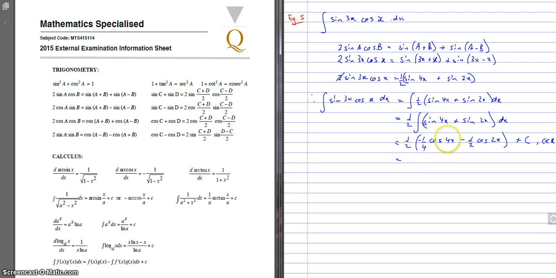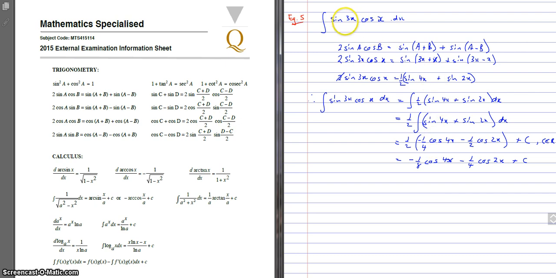Okay, so then we can multiply throughout. So we'll have minus 1/8 cos 4x minus 1/4 cos 2x. Okay, so once we get it to this part here, it's straightforward if we know how to integrate these simple functions on their own.